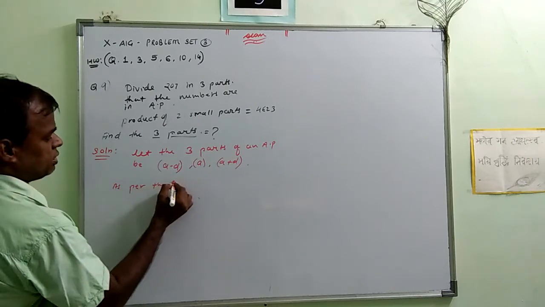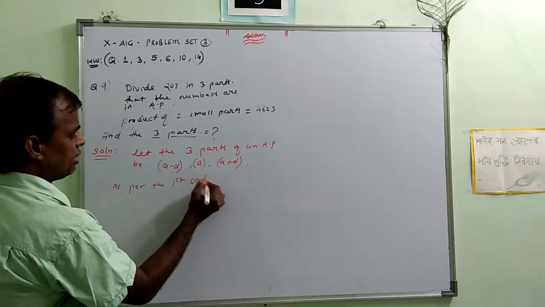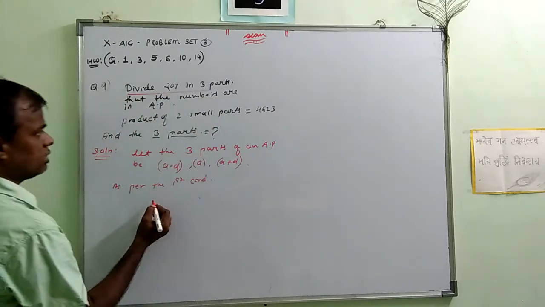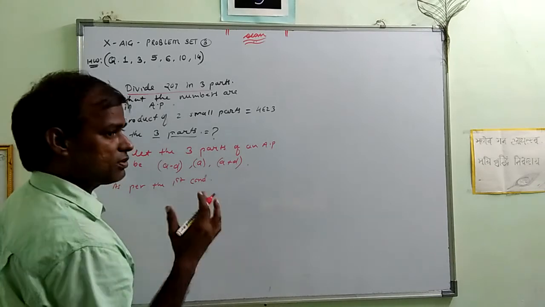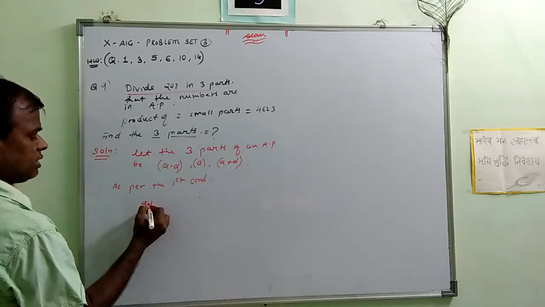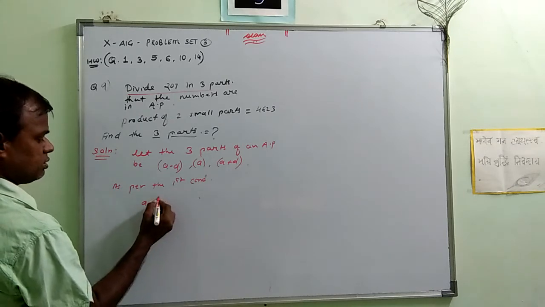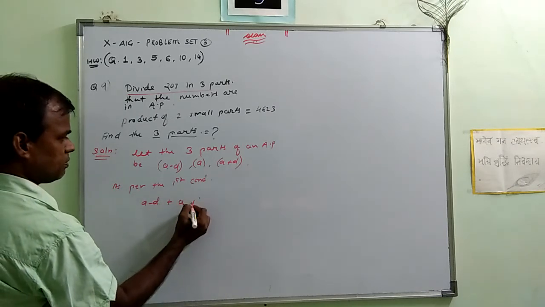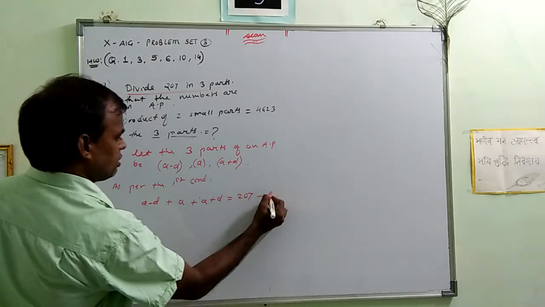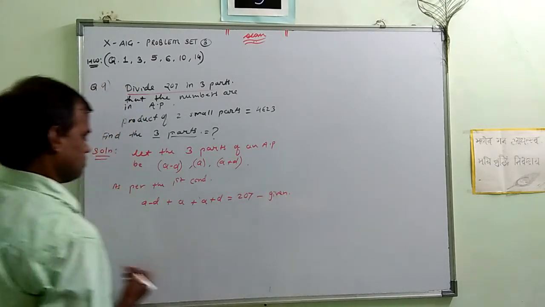As per first condition, they are given 207 is sum of 3 parts. Sum of 3 parts means this: A minus D plus A plus A plus D equals to 207. That's given.